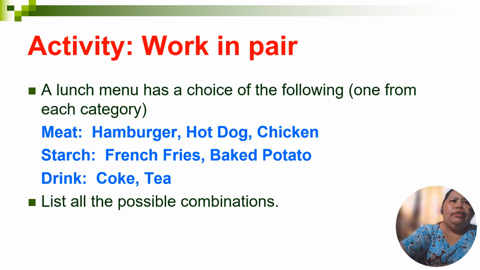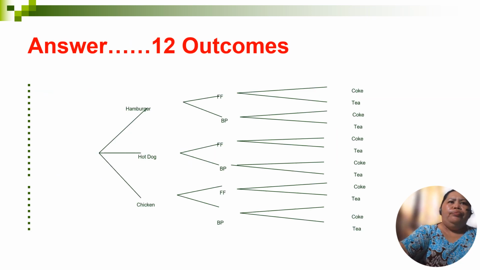Next. Now, if you have a partner, you can work in pairs. A lunch menu has a choice of the following, from three categories: meat, starch, and drinks. List all the possible combinations. How are we going to do that?